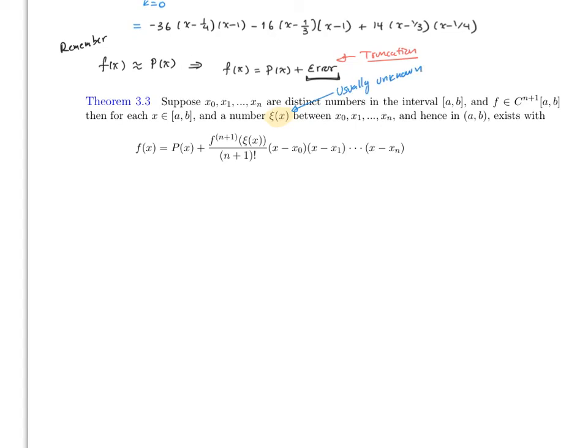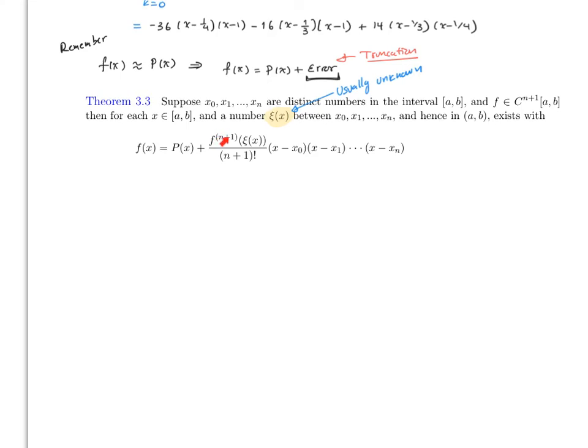And when I say unknown, I mean we don't know what this function is. It lies between x0, x1 to xn, and hence in the open interval, the function is going to be equal to the polynomial approximation plus this error. So this will be the truncation error.